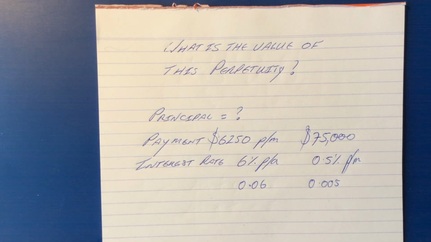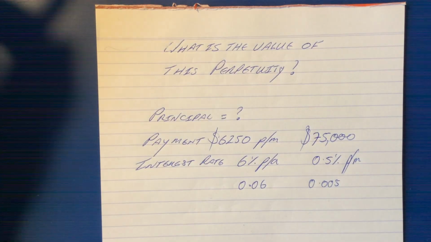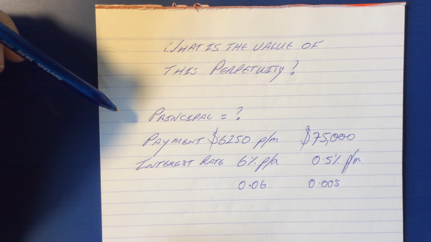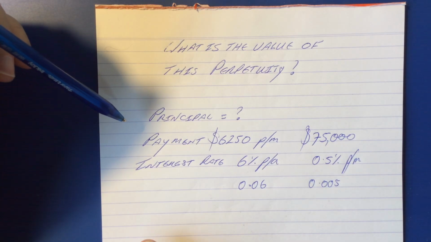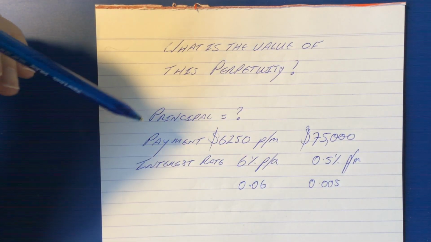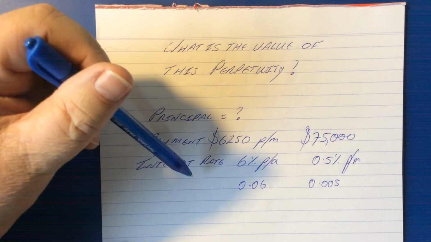Now, when you know the value of a perpetuity, you can work out the payment by simply taking the interest rate over the period in question and figuring out how much interest it pays, and that will be the payment. I'll show you that in a moment. Anyway, let's get to this.